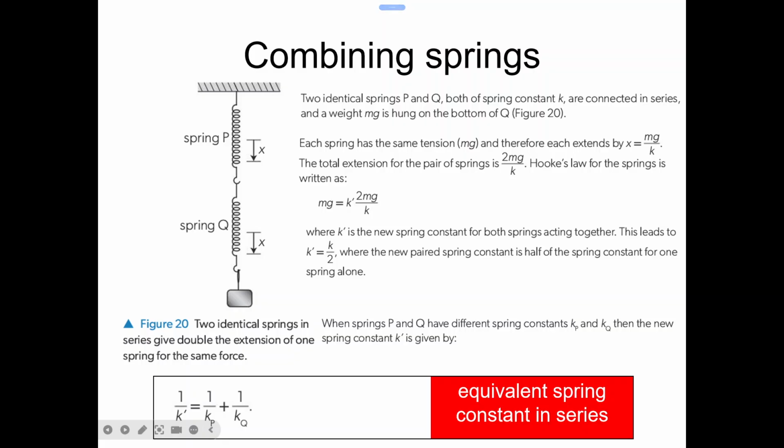If that's the case, that means, I wish I had a thin string, then I could use it like this. If I do it in parallel, basically what happens is those two together will support this thing, right? So the weight will be shared by two springs.